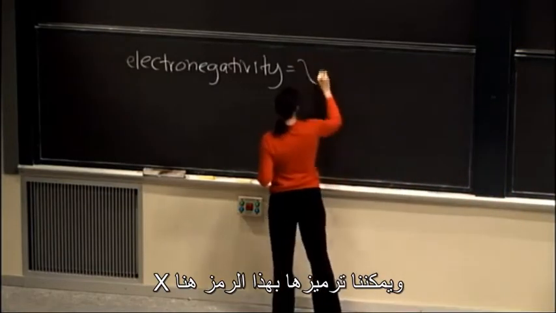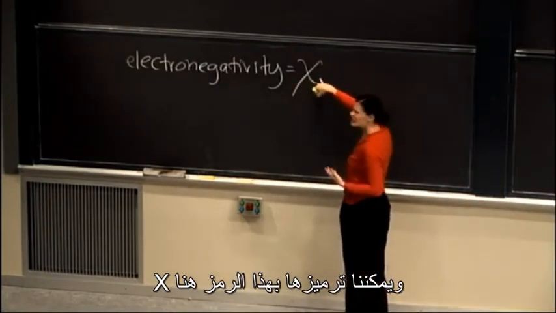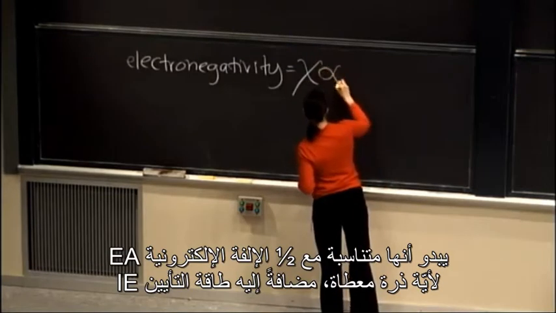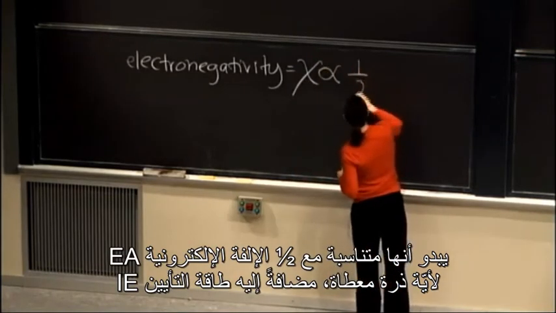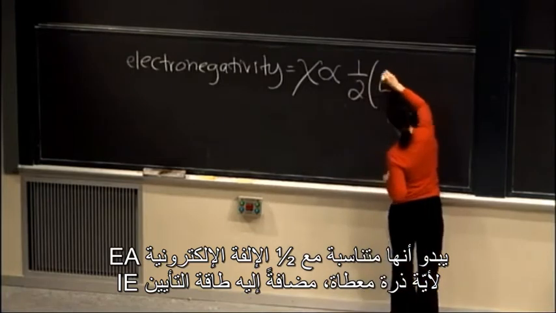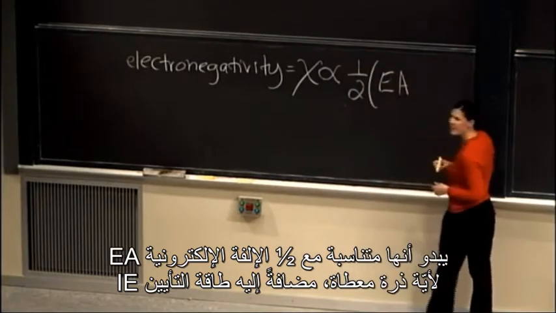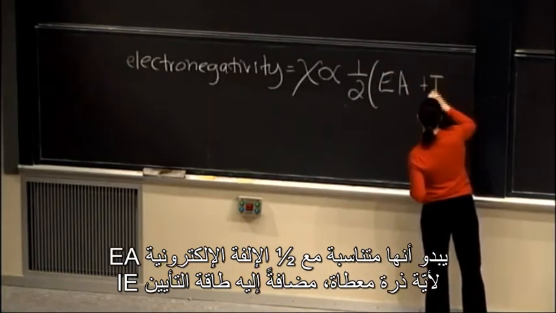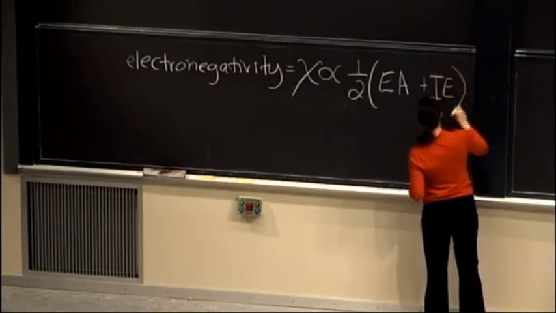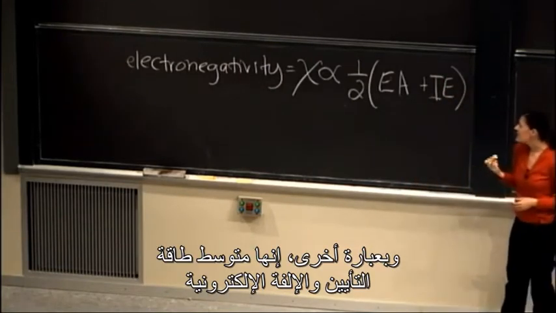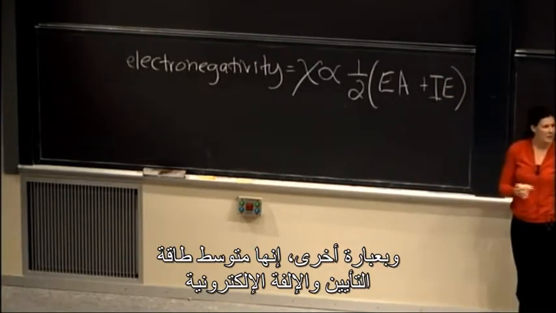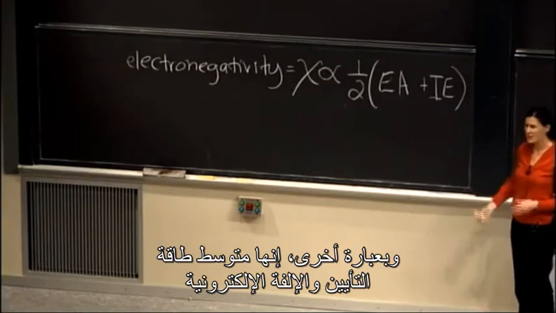And we can call electronegativity by a symbol here, and it turns out that it's going to be proportional to 1/2 of the electron affinity of a given atom plus the ionization energy. So in other words, we can just think of electronegativity as being the average of that ionization energy and the electron affinity.